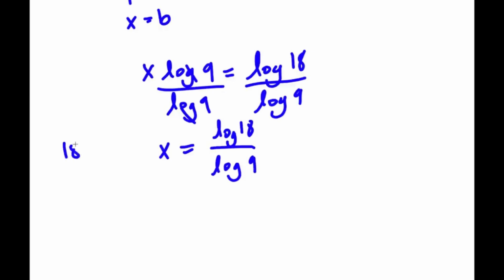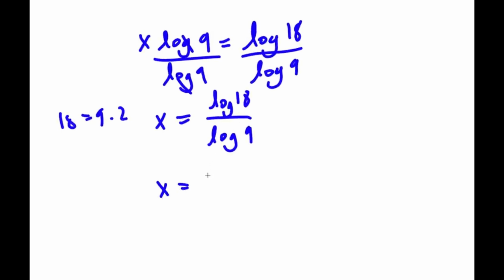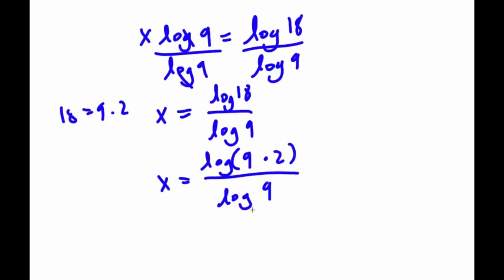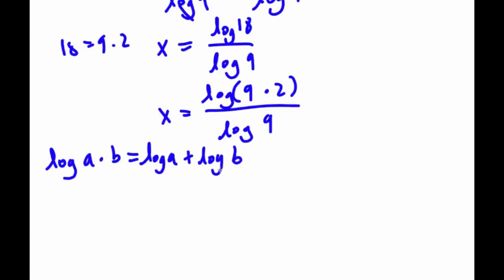Now 18 is equal to 9 times 2. So I'm going to rewrite log 18 as log 9 times 2, and now we're dividing this by log 9. If I have a logarithm in the form log a times b, this is actually equal to log a plus log b.